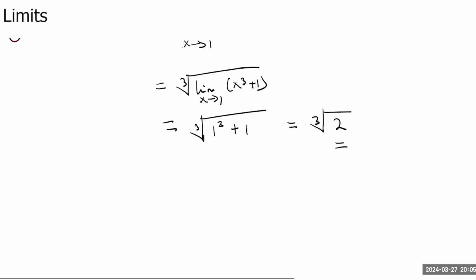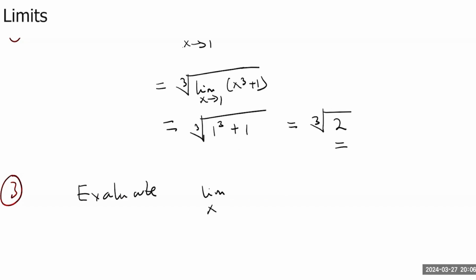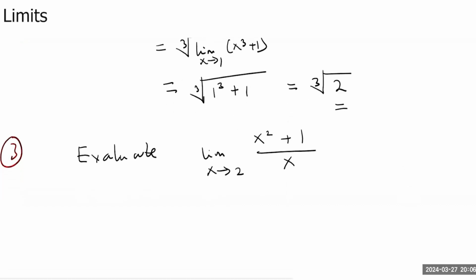Now, one more example that I wanted to solve, that will be the last example under the laws, the quotient. How do we apply the quotient rule? So if I give you a problem like this to evaluate, the limit as x approaches 2 of x squared plus 1 all divided by x, what do we get?